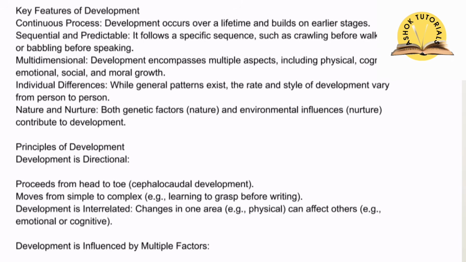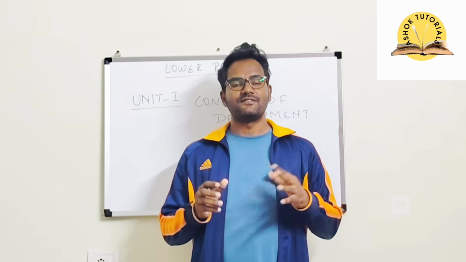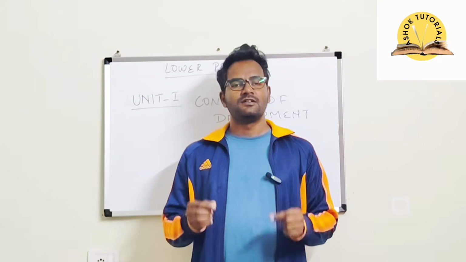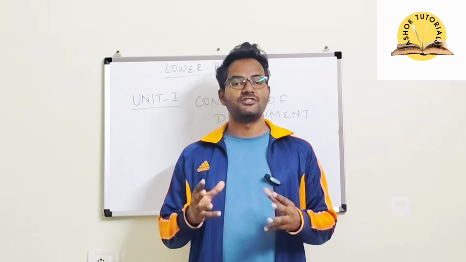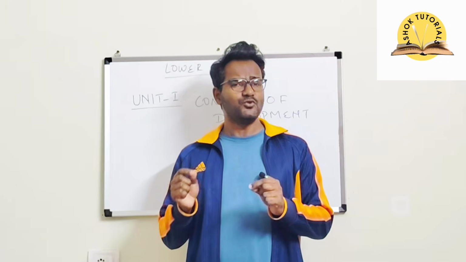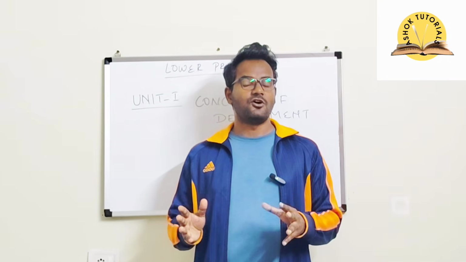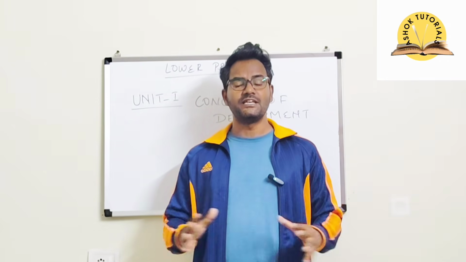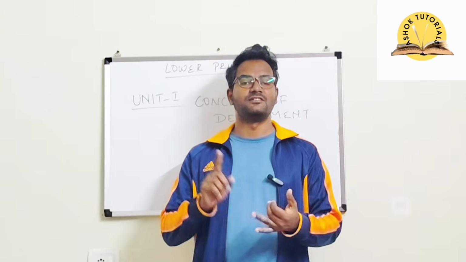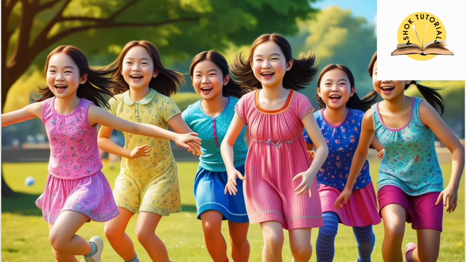Remember that. Multidimensional. Development encompasses multiple aspects, including physical, cognitive, emotional, social, and moral growth. As we have seen in the introduction, development is a multi-dimensional process, which means it is not going to affect only your mental development, but all the areas or all the domains, that is physical, moral, social, emotional, mental, cognitive.